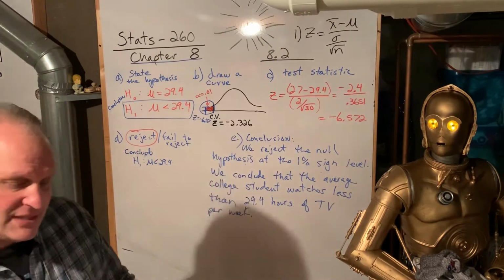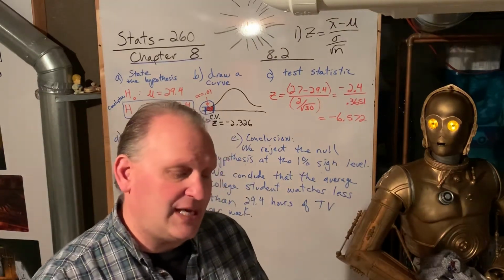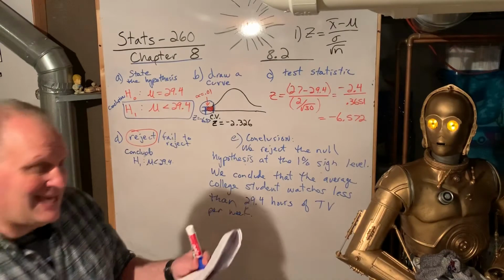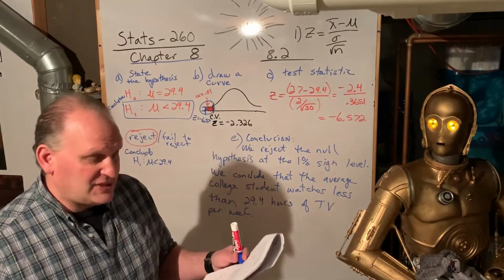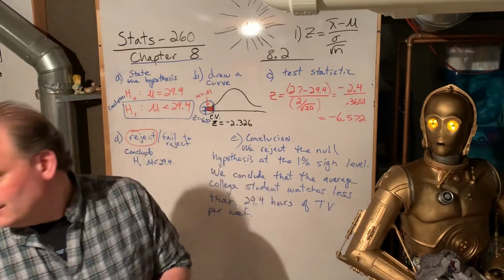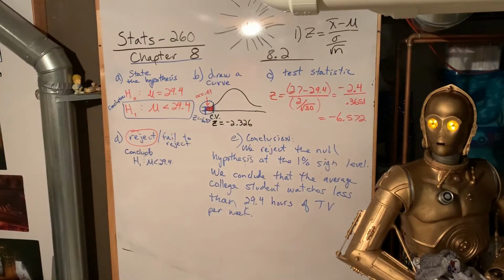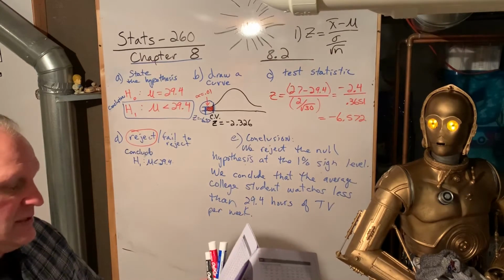If we ran this experiment many times, we would get results like this less than 0.01% of the time. If you look at your chart for z-scores, when it goes that low, there's a little addendum on the way bottom in really tiny little letters.